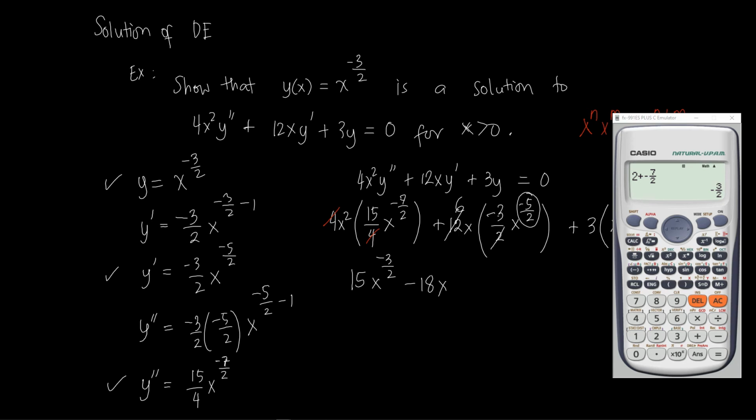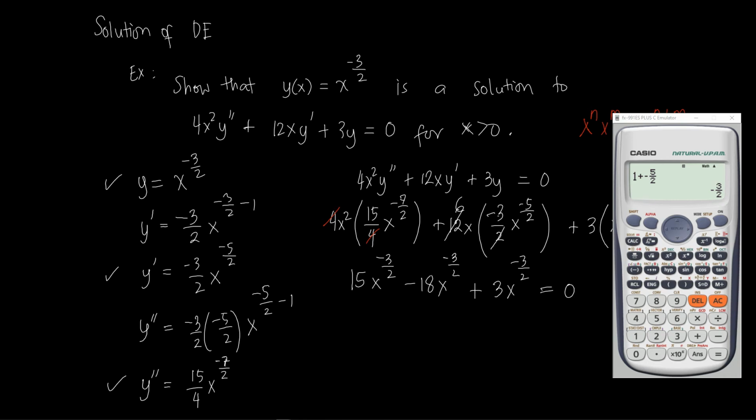Add natin sa negative 5 over 2. So, 1 plus negative 5 over 2. So, we have same pa din, negative 3 over 2. And lastly, wala na tayong dapat i-evaluate dyan. Ganyan lang yan, x raised to the power of negative 3 halves is equal to 0.